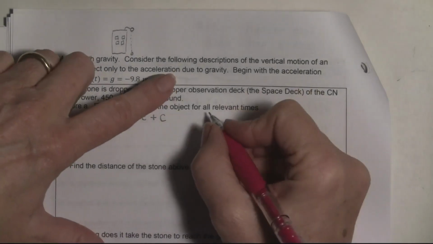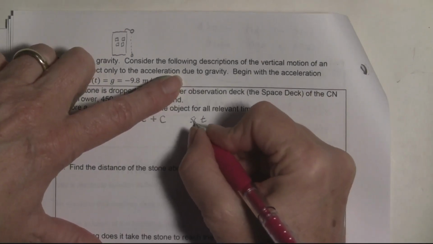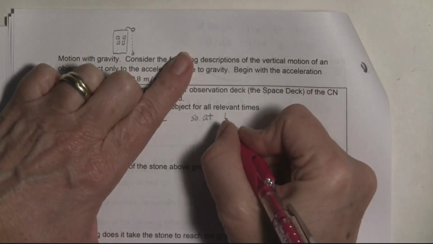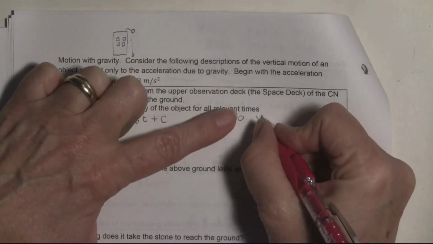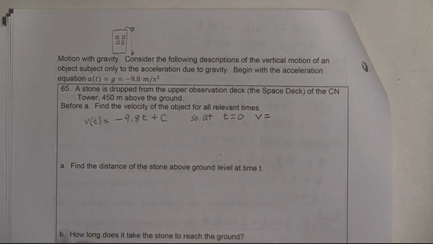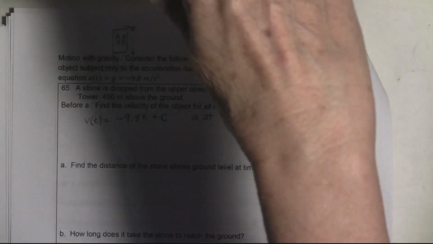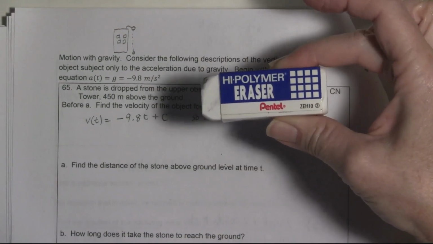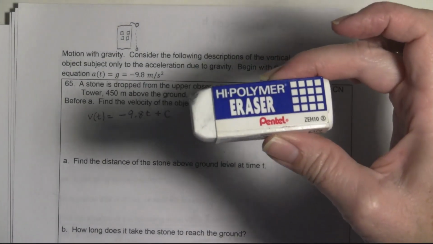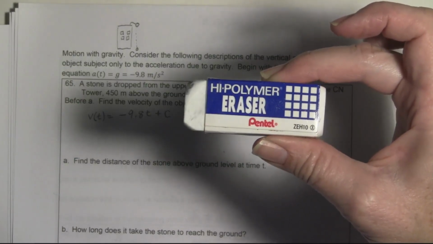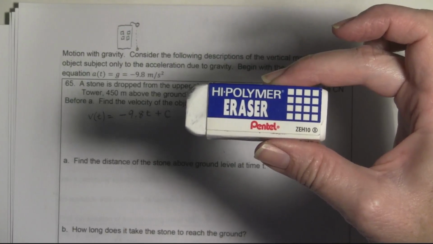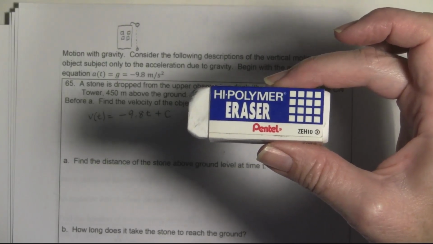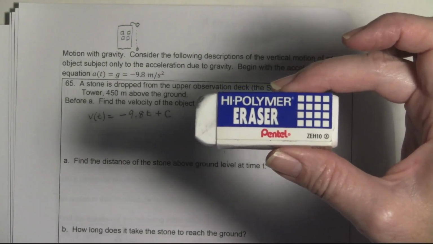So at time equals 0, would you agree with me that the velocity of the stone is 0? Just like I'm holding this eraser in my hand, before I drop it onto my table, right at the instant they say go, the velocity of that eraser is 0.